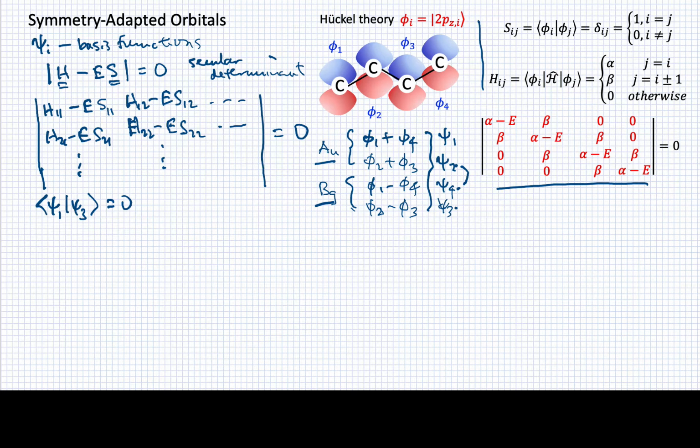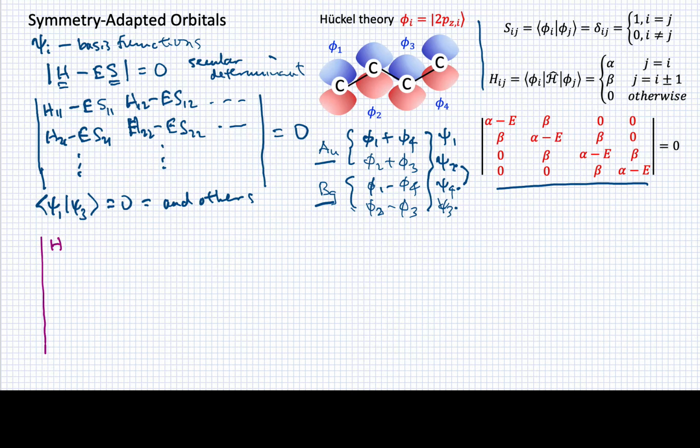So lots of things, and others, will be 0. This will also be true for the Hamiltonian elements. If both the Hamiltonian element and the overlap element in a particular block of this secular determinant are 0, then that greatly reduces the scale of this problem.